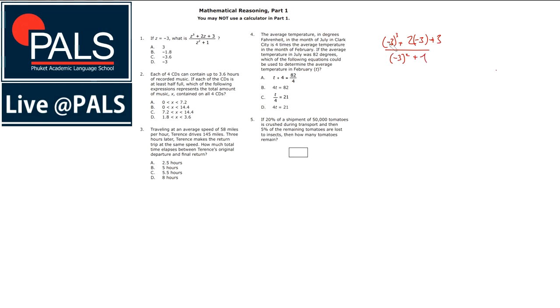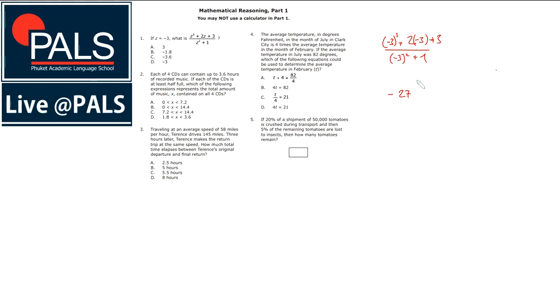Cubing -3 is -3 times -3 times -3. Multiplying 3 negative numbers gives us a negative number.